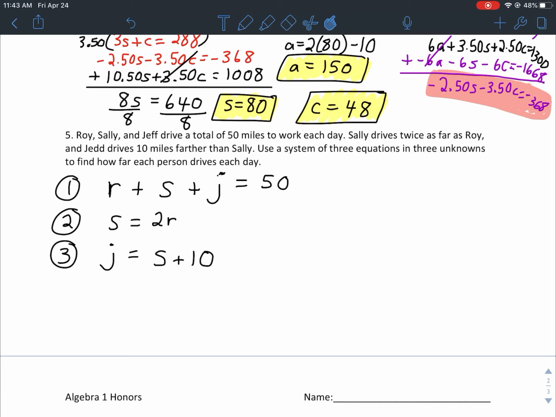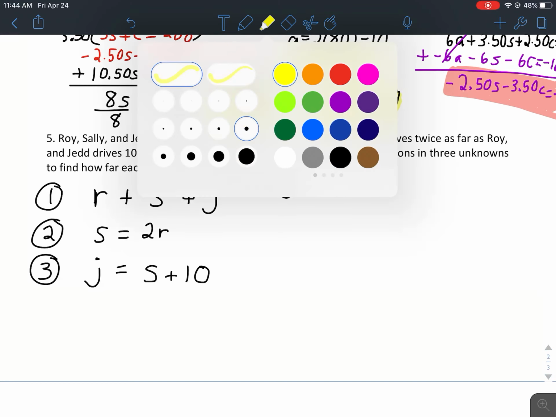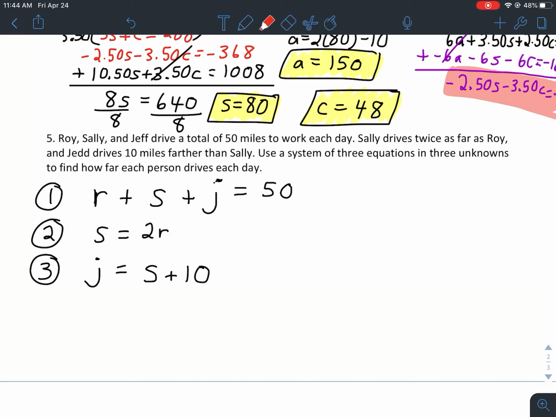Okay, so now we need to actually solve these. Taking a look at these first three, there's a lot of different ways you can do this, but again, my mind always leads me to do substitution when I can first. So the first thing I see is S equals 2R. So I'm going to go to the first one and plug that in.